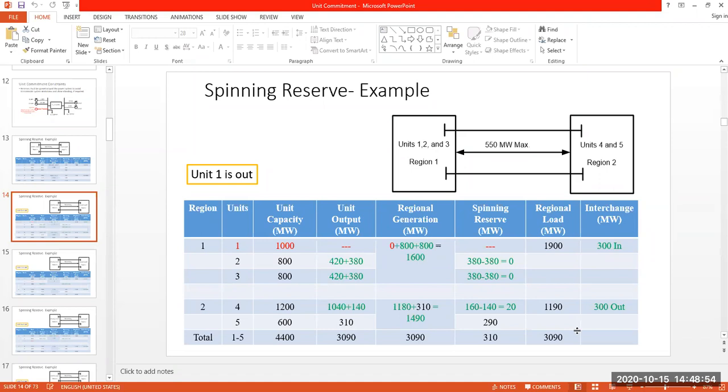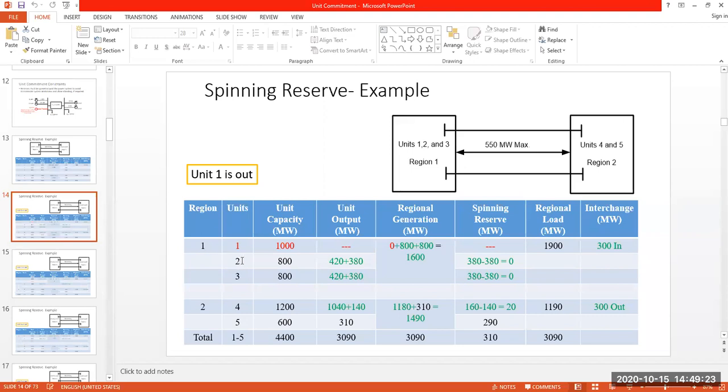So there could be different ways. Again, I'm saying there could be different ways, but the logic here, which the book is following, is that they will try to satisfy the demand from its own region first. What I mean by this is, if some unit is out of operation from region 1, they first try to get as much as possible from the spinning reserves available from region 1.